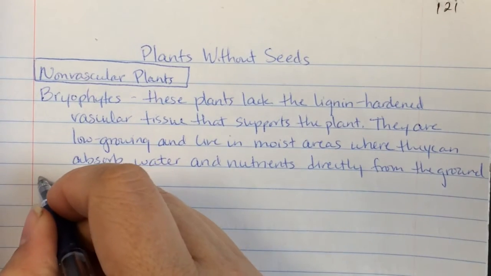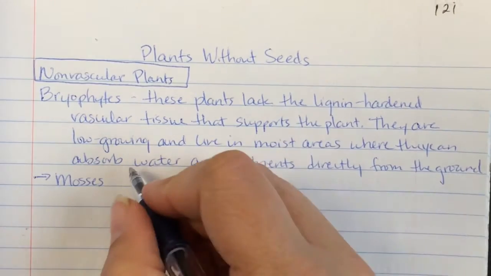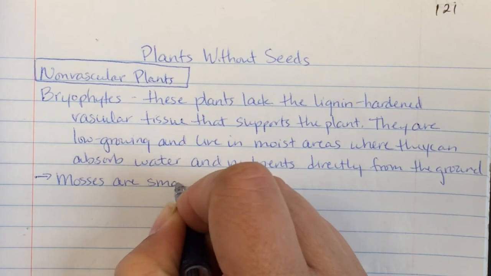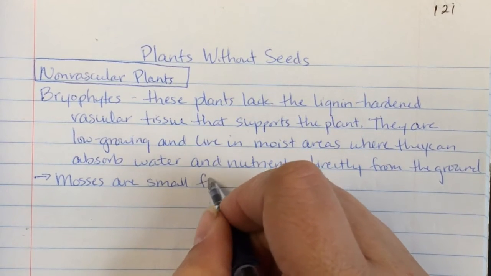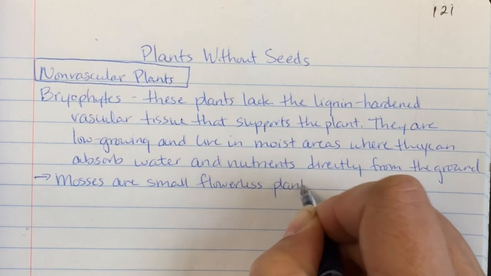In our non-vascular, we have mosses. So mosses are small flowerless plants. Poor little guys, no flowers.